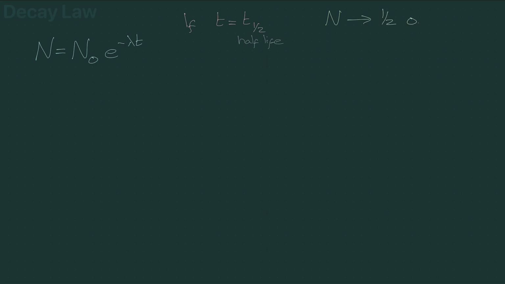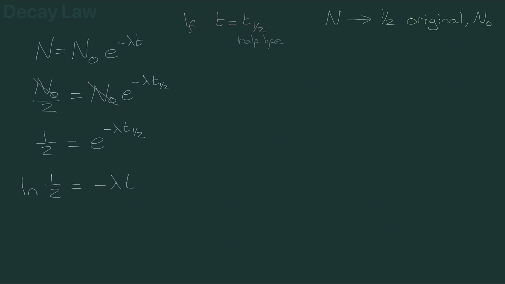So, rewriting the equation, let's substitute t half for t, and N0 over 2, half of the original number of radioactive nuclei, substitutes in for N. N0 over 2 equals N0 e to the minus lambda t half. Now we have N0 on both sides, so we can divide that out. Half equals e to the minus lambda t half. Take natural logs of both sides. ln 1 over 2 equals minus lambda t half.